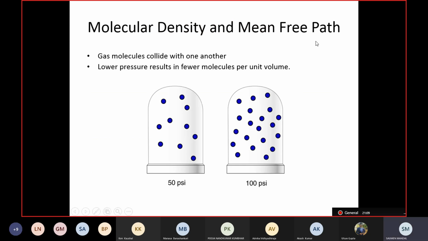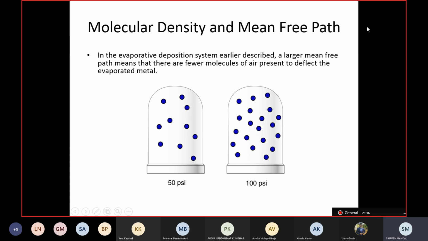Now, molecular density and mean free path. This schematic diagram shows 50 psi and this one 100 psi. At 50 psi you can see the number of molecules is less. Gas molecules collide with one another, and lower pressure results in fewer molecules per unit volume. So your target is that the number of molecules in the chamber should be low.